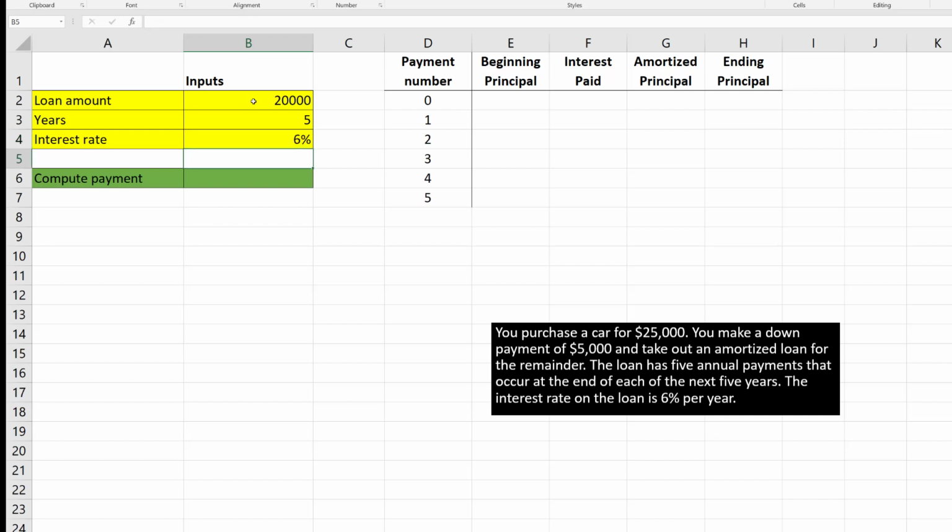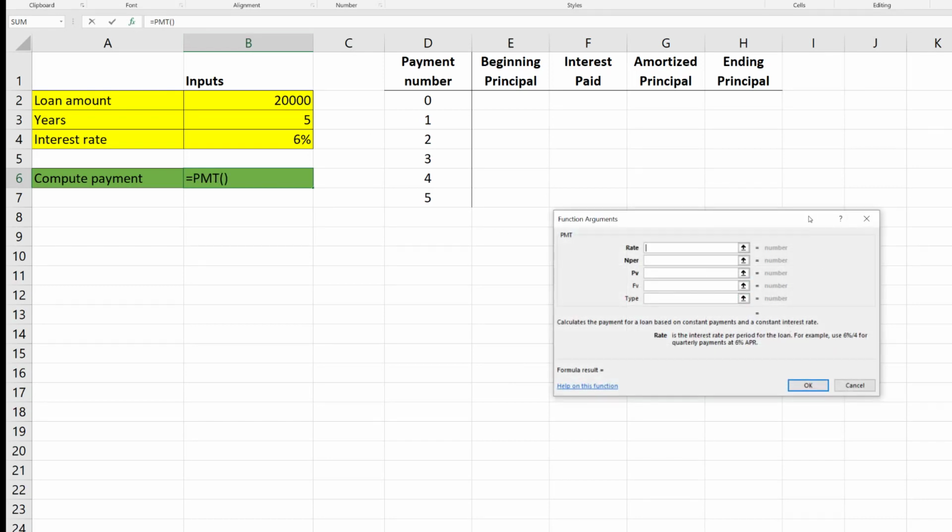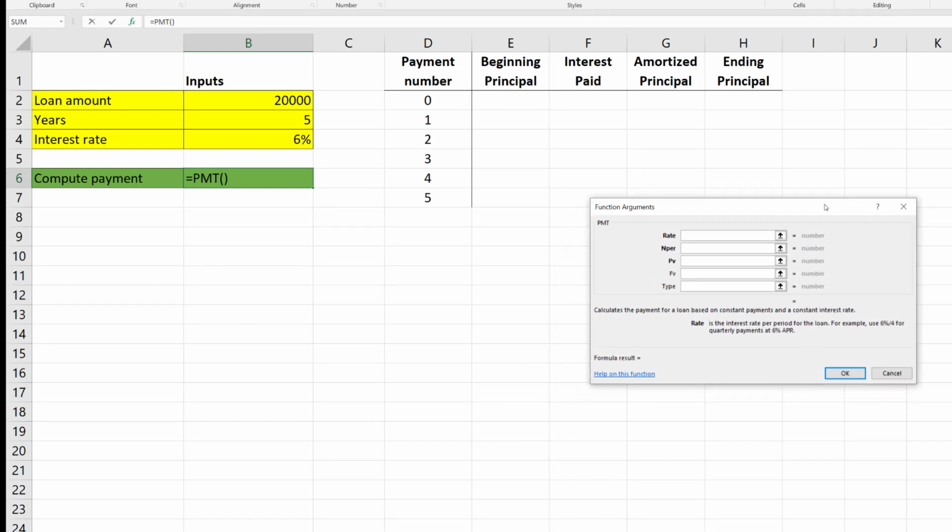So there's our inputs. Now, you already know how to use your financial calculator to calculate the payment. You can also do that in Excel very easily with the PMT function. So I'm going to say equals PMT, open my parentheses. Now I can go in here to my little function helper so that I can recognize what arguments go where.